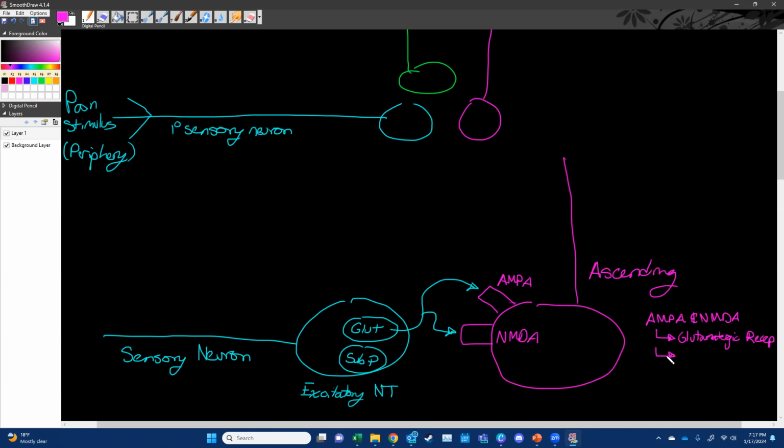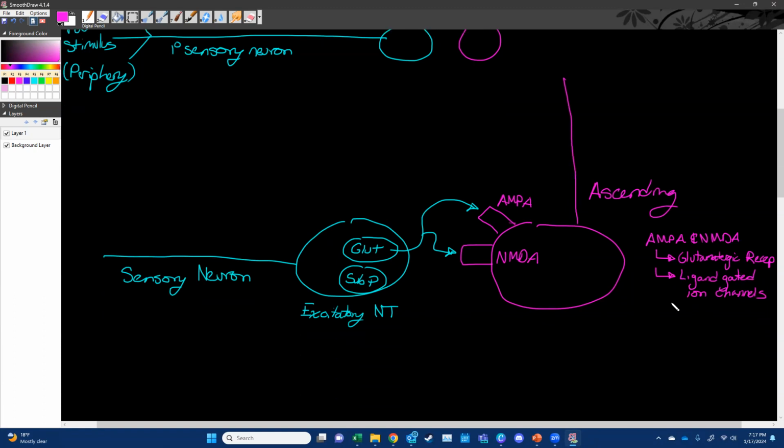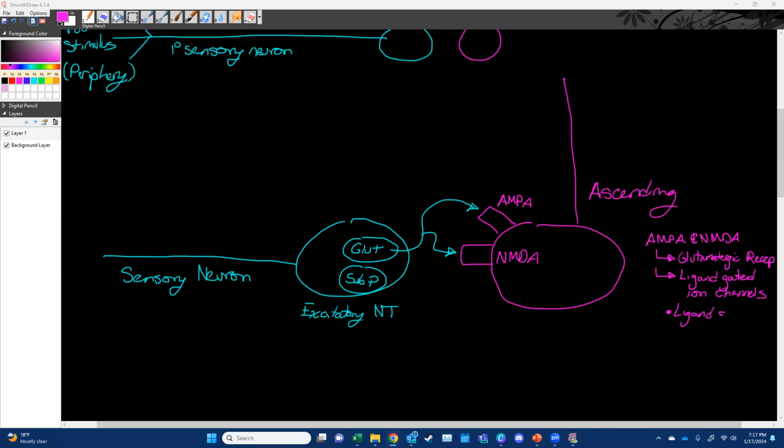The other thing that we should know here too is that these are ligand gated ion channels. So breaking down this meaning, what is the ligand? Who can tell me what the ligand is that activates this ion channel?